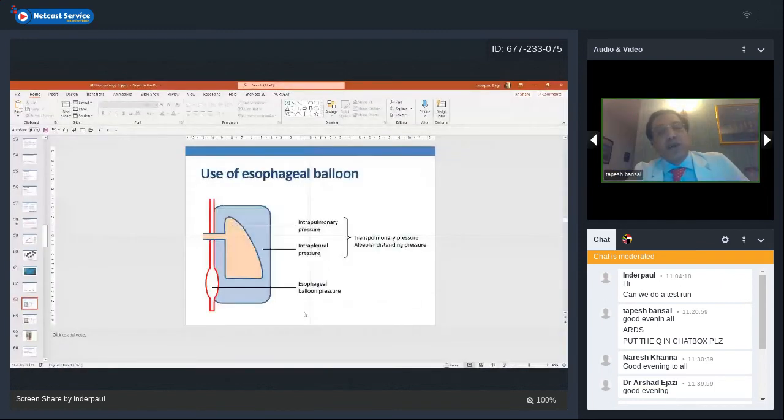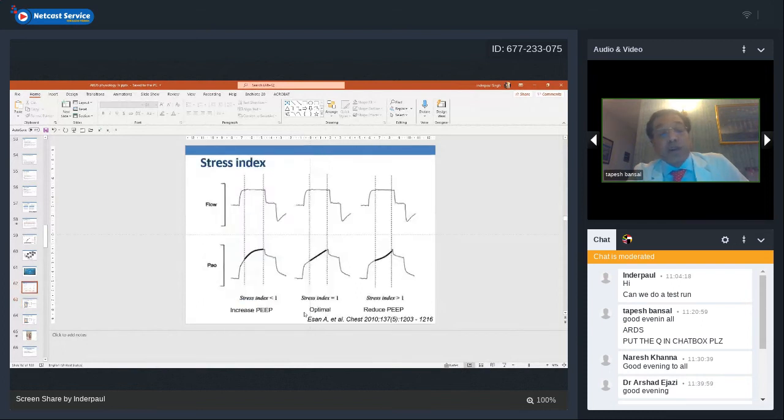So just to add to that, sir has very nicely explained stress index as a means of using your ventilatory strategies. But what is stress? Stress can be understood as the distending pressure in the lungs when you are inflating the lungs. During your tidal ventilation, the distending force in the lungs is the stress, and this is actually approximately the transpulmonary pressure.